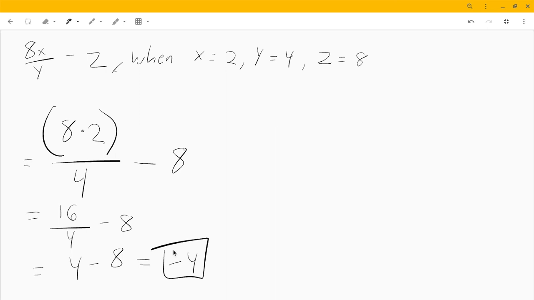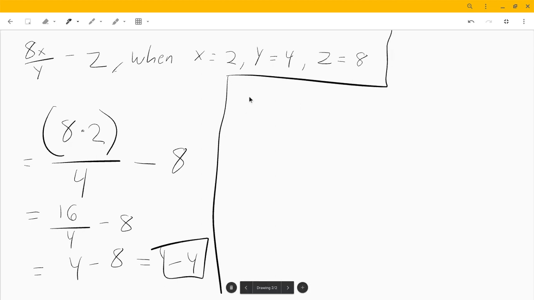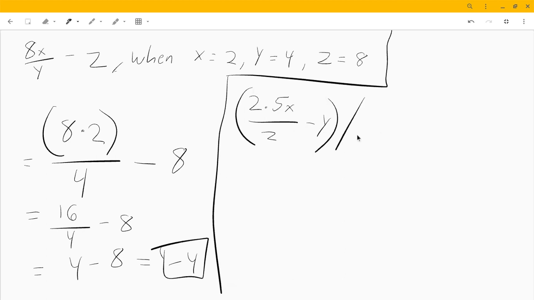So when x equals 2, y equals 4, and z equals 8, it'll produce an output of just negative 4. So let's make another one. Let's do the 4 now. So say we have 2.5, ooh, spicy, x divided by z minus y, and do all of that divided by k.